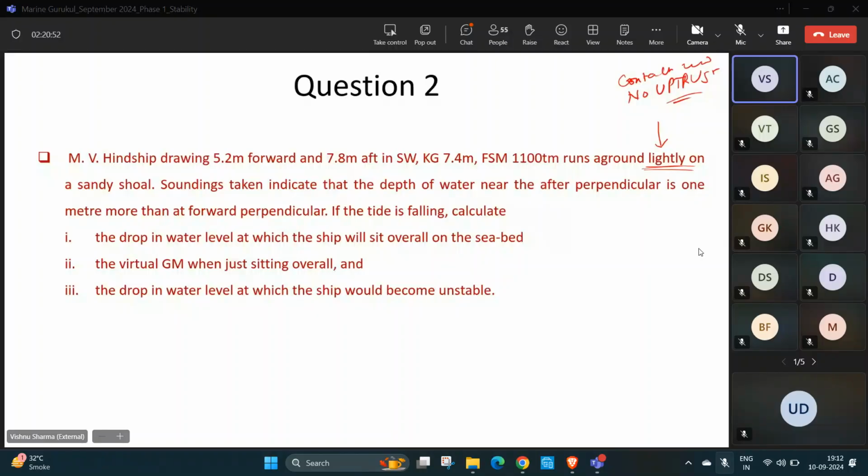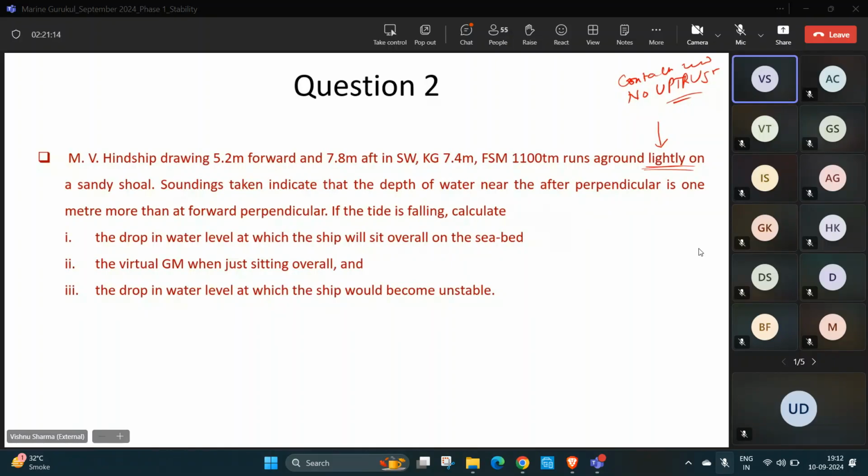If you correlate it to the dry docking in our earlier explanation, where the ship entered with 5 meters and 7 meters, at 7 meters depth of water the vessel made light contact with the blocks aft. The contact was made, but there was no upthrust. So it is similar to that.